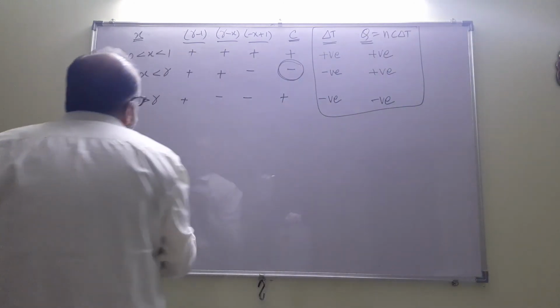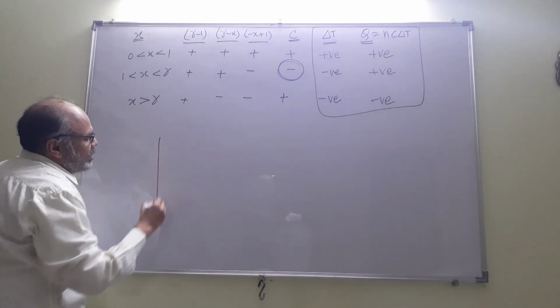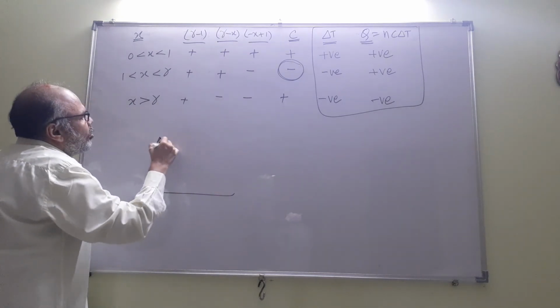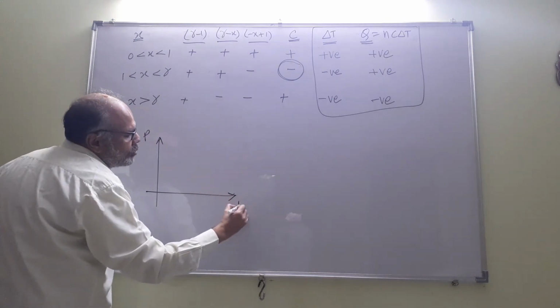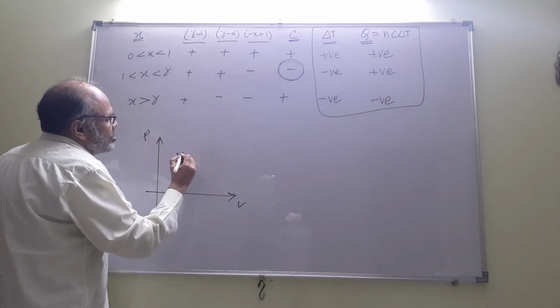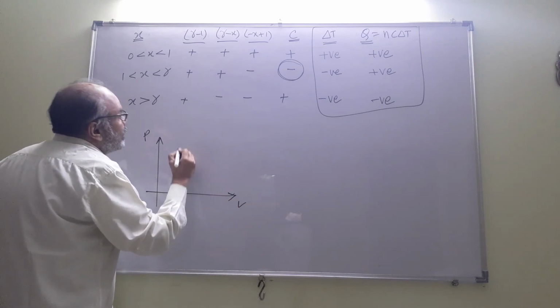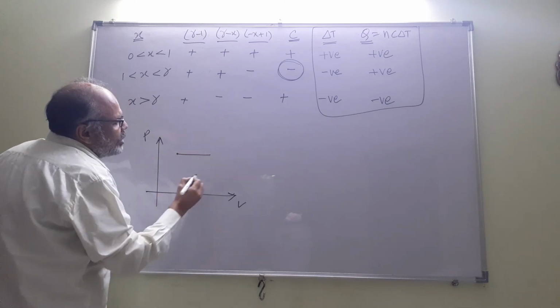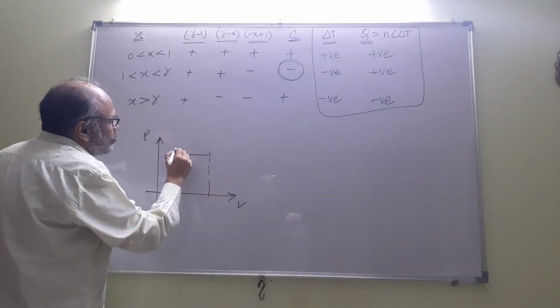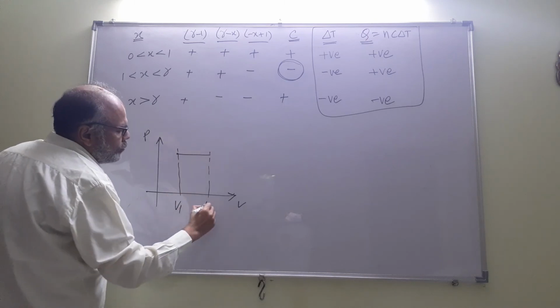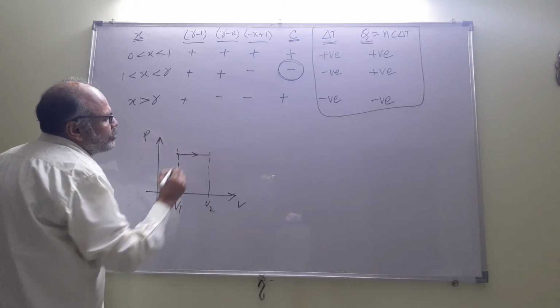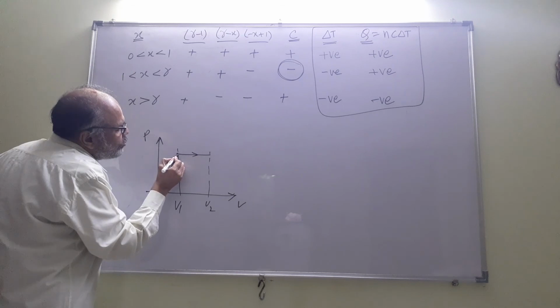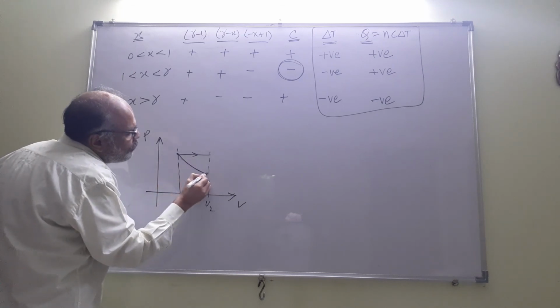Let us try to see these things by a graph. Supposing we plot a PV graph, let's say at this point, if you draw an isobaric process, this would be the isobaric process from V1 to V2. Isothermal process would be a hyperbola.